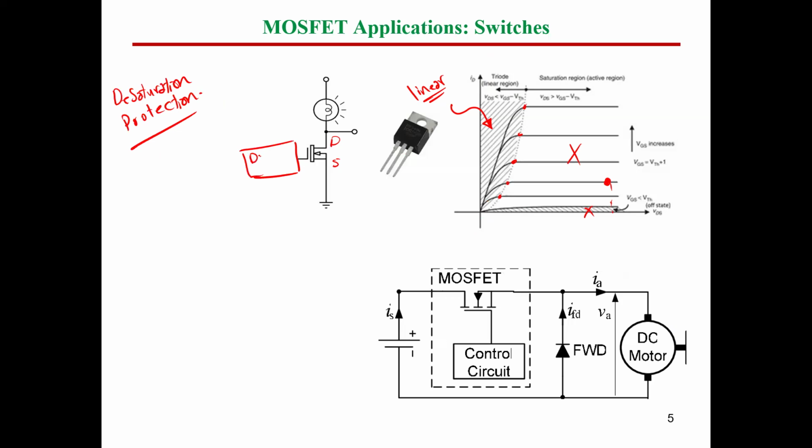This circuit is called the driver. And this driver, in most applications, has to be an isolated driver, isolated by means of an optocoupler, for instance. So this is called the gate driver.